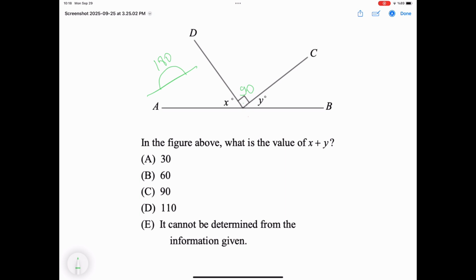So the question asks us x plus y. It's an easy question. If the whole angle is 180 and this part is 90, then we are left with x plus y, which is 90, because 90 plus 90 is 180. So the answer is C, 90.